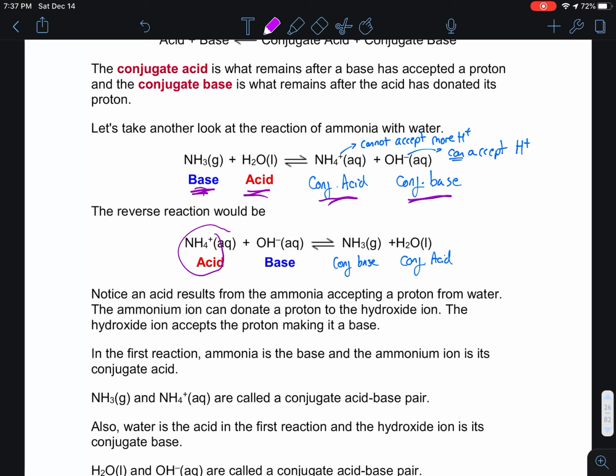So we can reverse this process. We can look at this ammonium ion here as being an acid donating to the hydroxide, and in the case that it's donating to the hydroxide, the ammonium is the acid and the base is the hydroxide, and that makes this the conjugate base and this the conjugate acid. And of course this makes sense because those are the titles we gave it earlier.